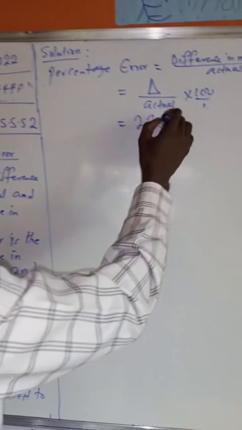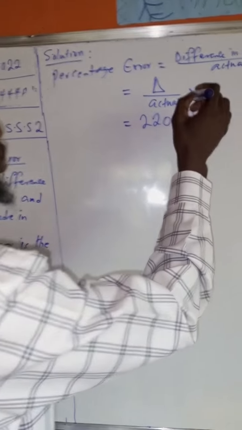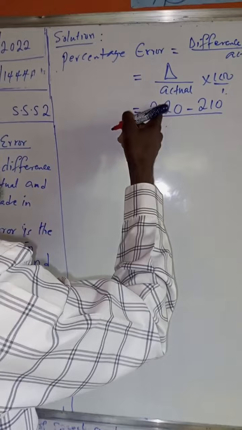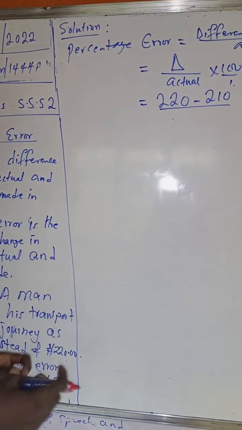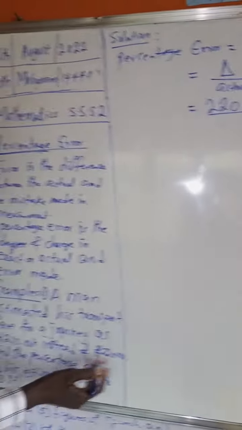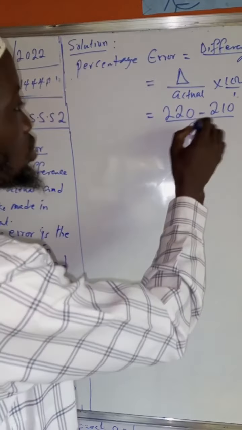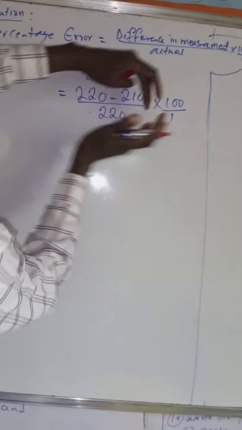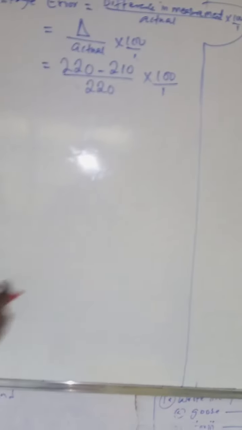What will be the difference here? 220 minus the error of 210, all over the actual. The actual is what the thing is supposed to be. So the fare is supposed to be 220, multiplied by 100. That's why we call it percentage. We are rating what your error is out of 100.